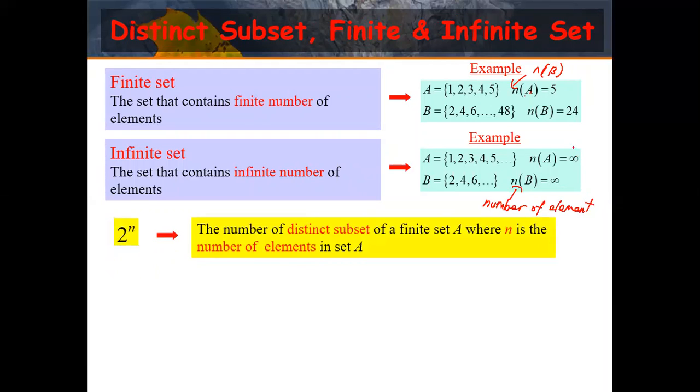Okay, so next, 2 power of n. What is 2 power of n? It is the number of distinct subsets of set A, where n is the number of elements in set A. What is a distinct subset?